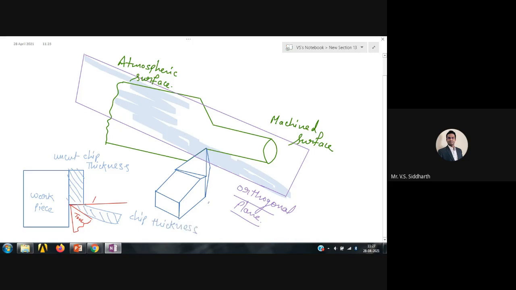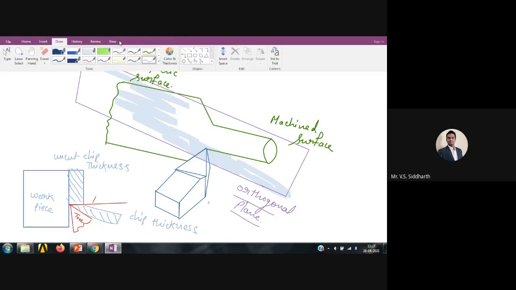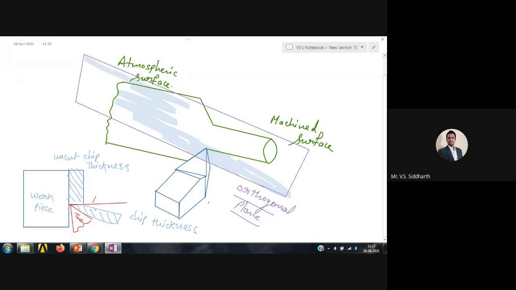And what angle is this one? Tell me. I have cut the tool with the reference plane at this point, with the orthogonal plane.